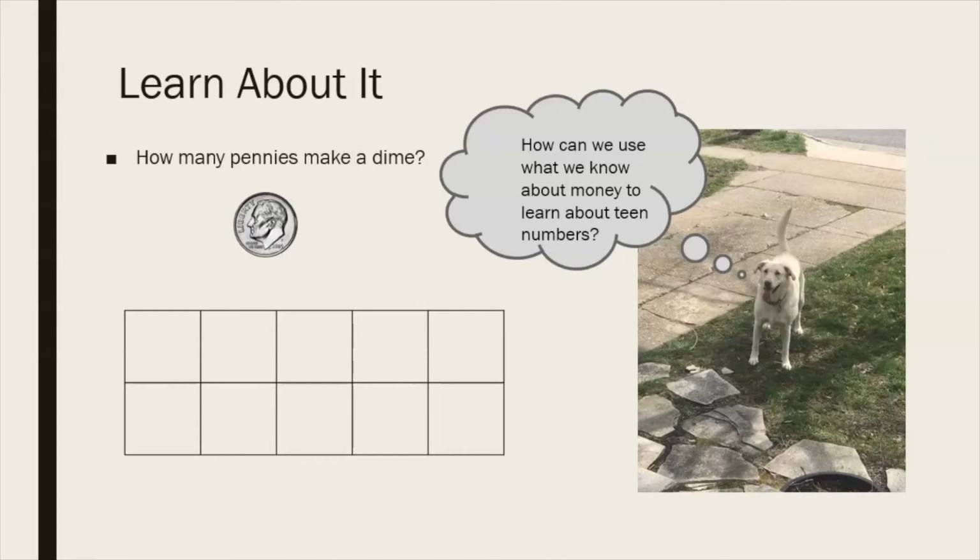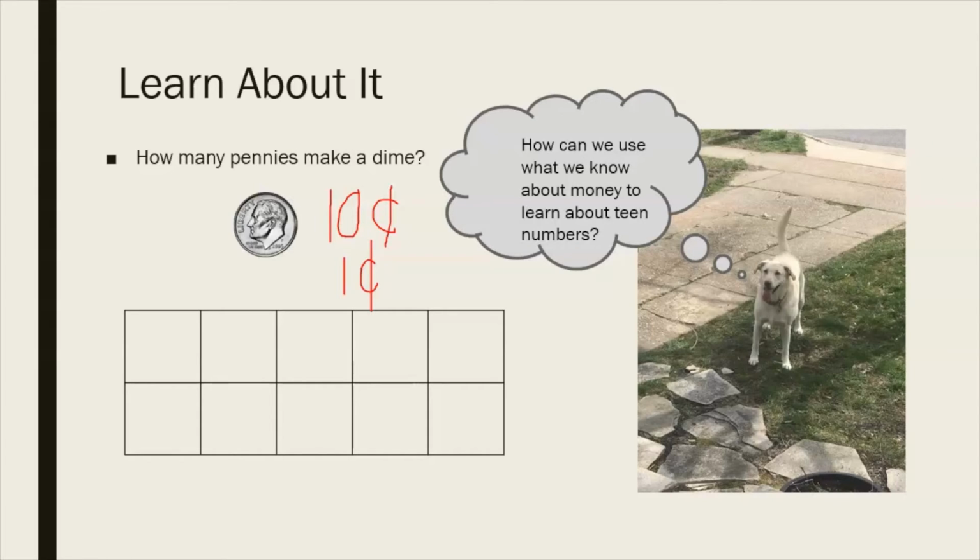If you remember, a dime is the same as 10 cents. And a penny is worth 1 cent. So I'm wondering how many pennies it takes to make a dime. We can use our 10 frame to help us figure this out.